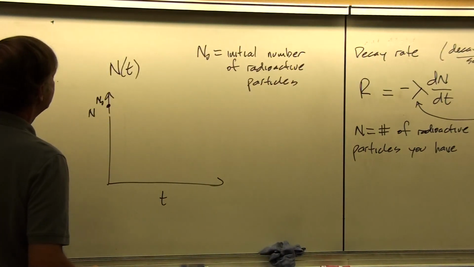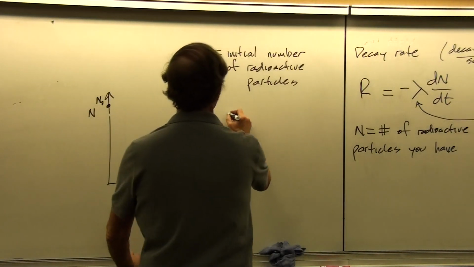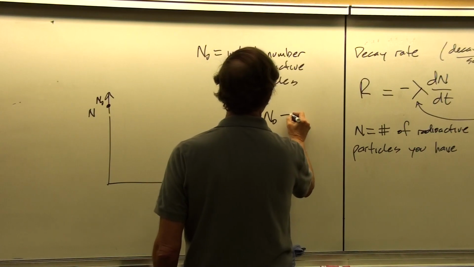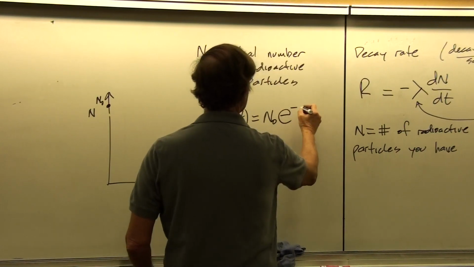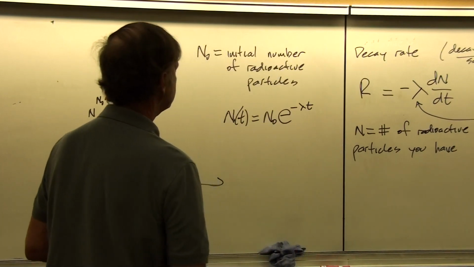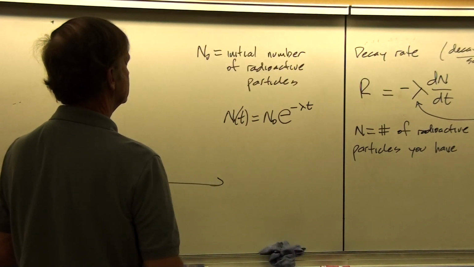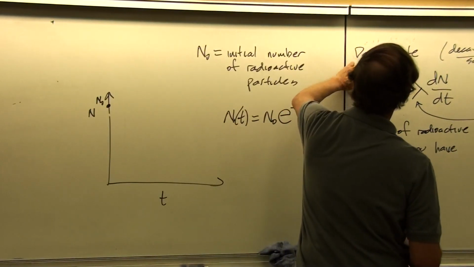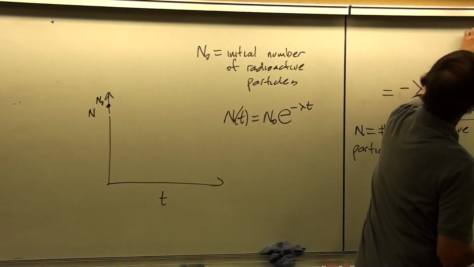Then we can write N of t is equal to N naught e to the minus lambda t power. Sorry, here this should be the number of particles in terms of decay rate.